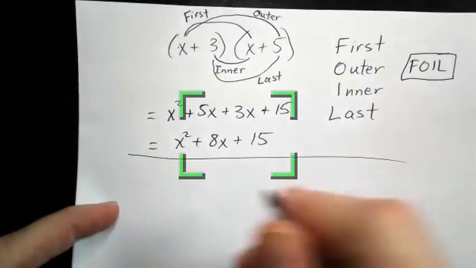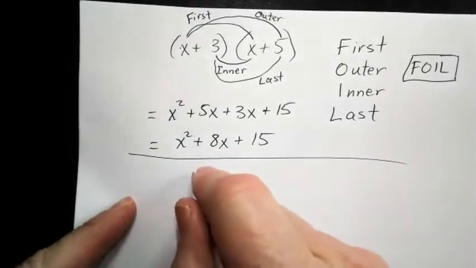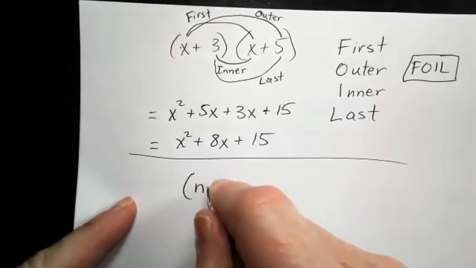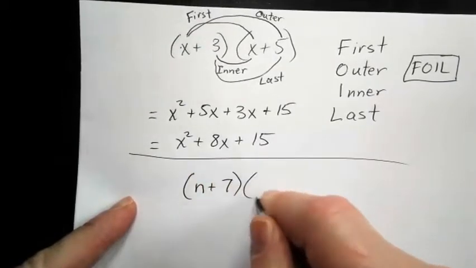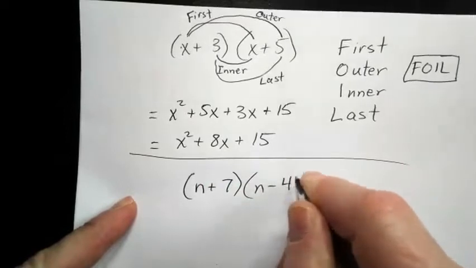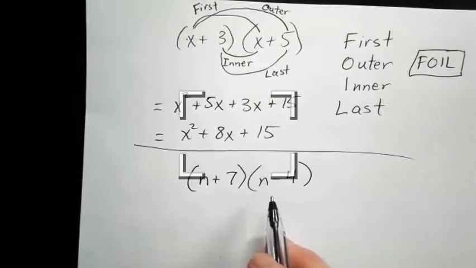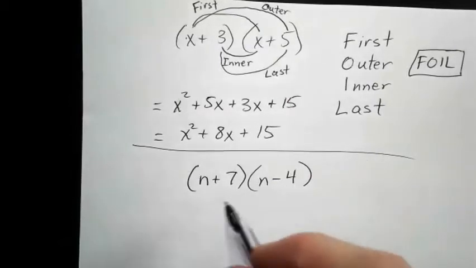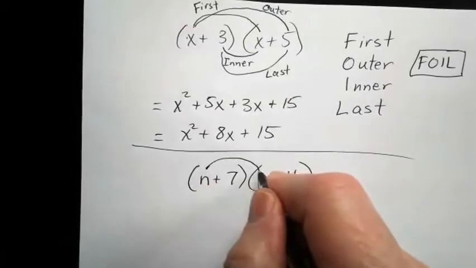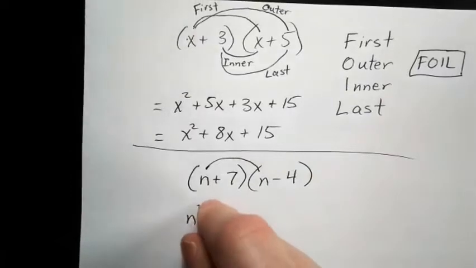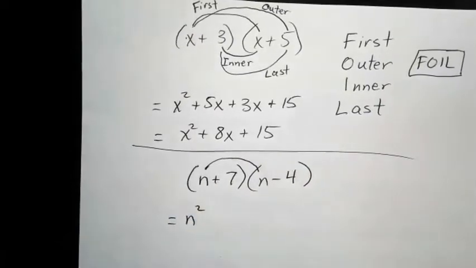Let me do another example of that. And this time I'll throw in a minus sign and we'll see how that works. So I'll go a little bit faster this time. First, n times n is n squared.